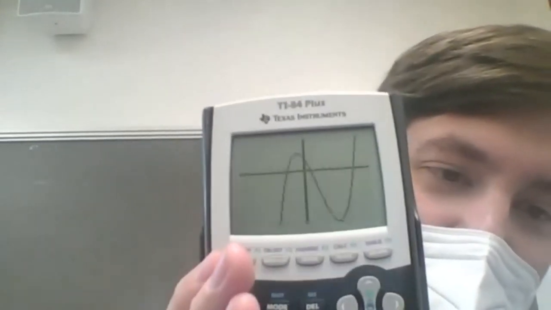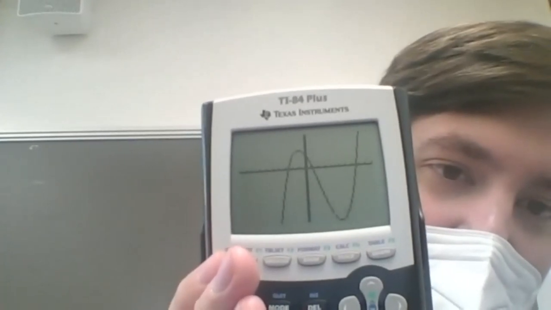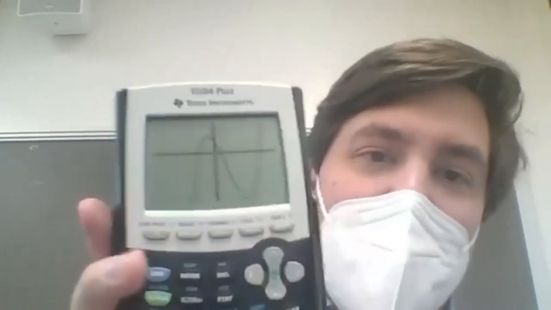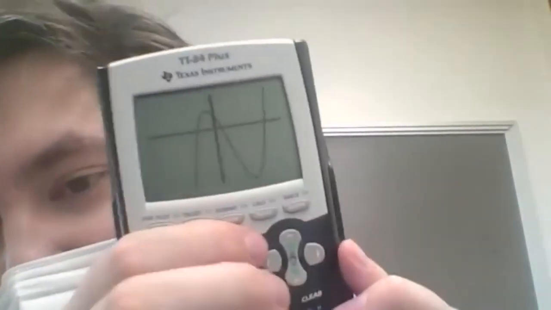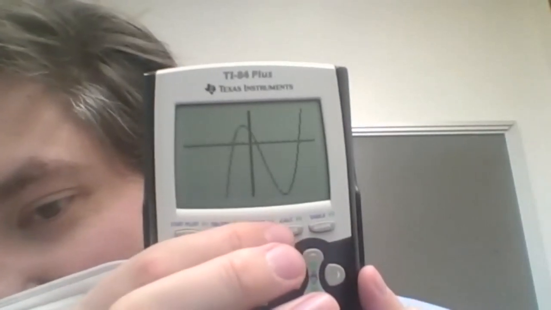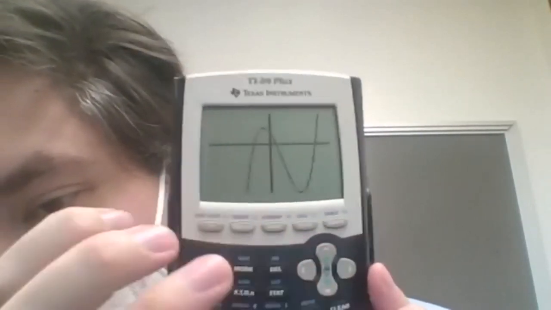All right, so we want to find the min and the max. So here's how you can do that. There is a button that says trace on it, and directly above it, it says calc.